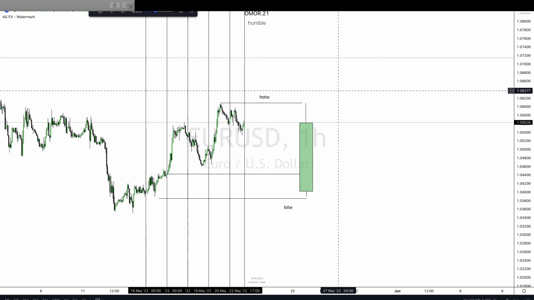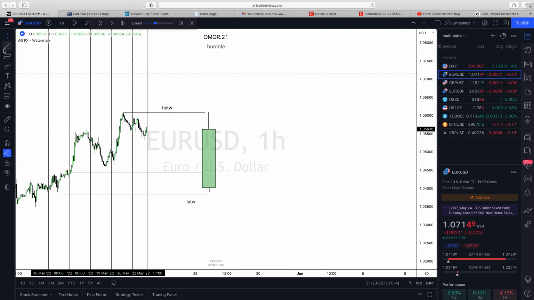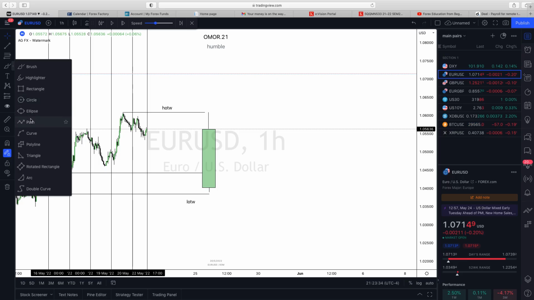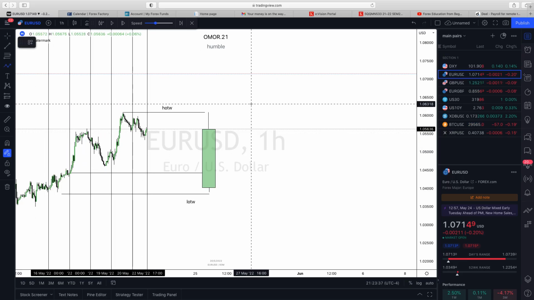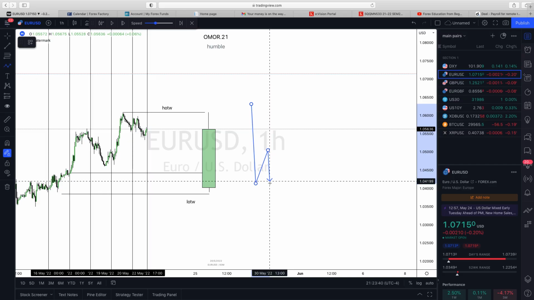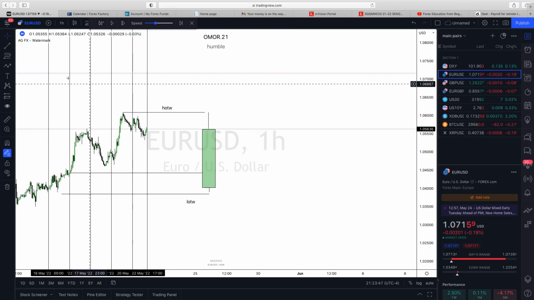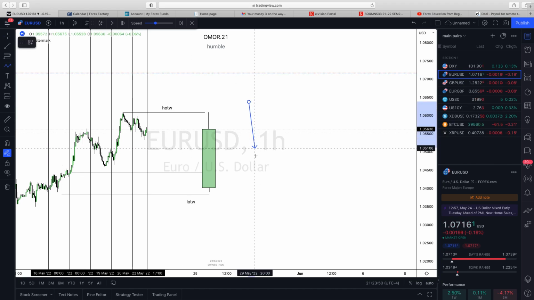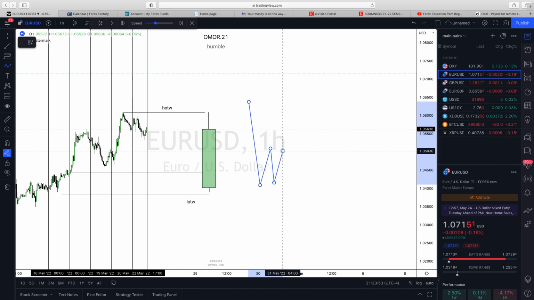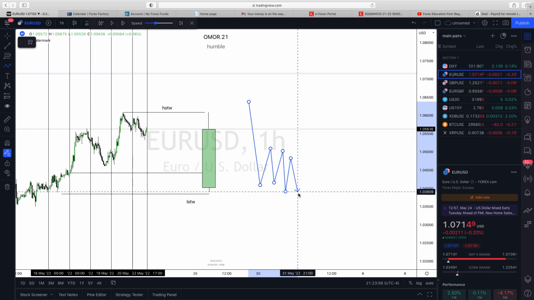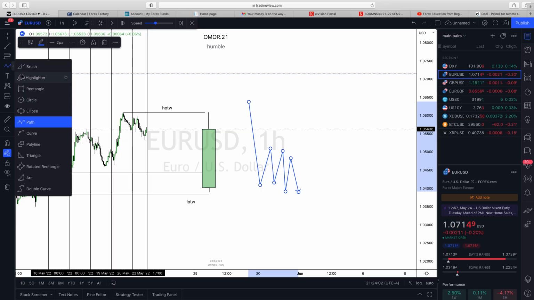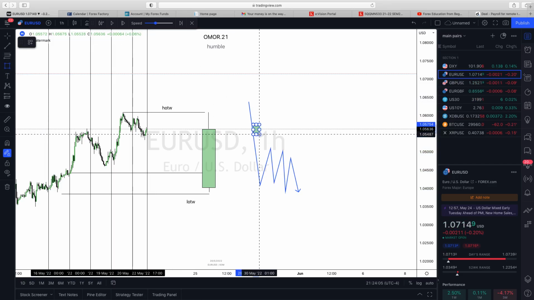So, I'll give you guys an example. We trade down, and this is Monday. Monday's doing this. It's not really offering much. Let's say this is our bearish mitigation block.